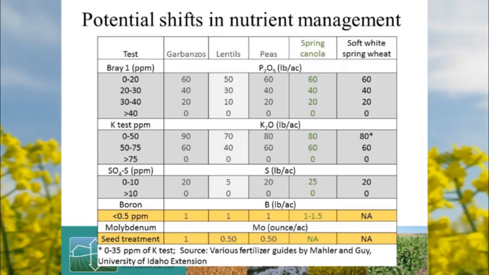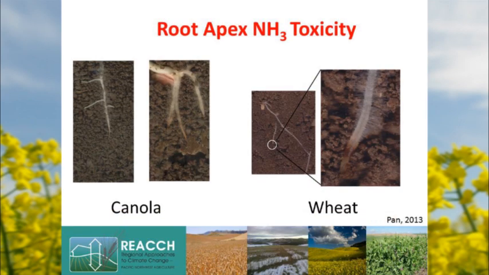Bill Pan pointed out that spring canola responds to boron. So keep that in mind when you are going to grow canola, to think about different nutrients that may be deficient, and also nutrient placement.